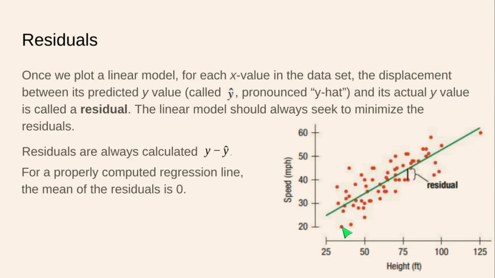This is all going to be positive displacement. This is going to be negative displacement, but it should be neutral once you add them all together, which would explain why the mean of the residuals is 0. The mean, you add up the data values and divide by the number of values. If you add all the positive residuals and negative residuals for all of your points, you should get 0. All right, so the mean is going to be 0.